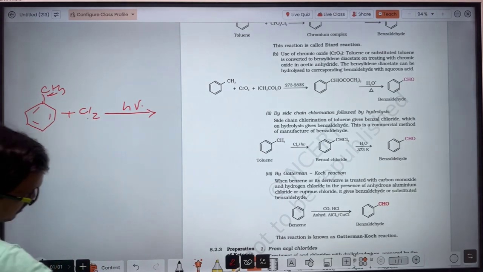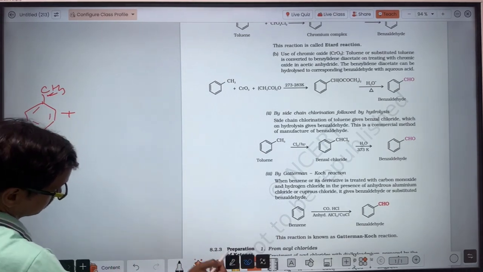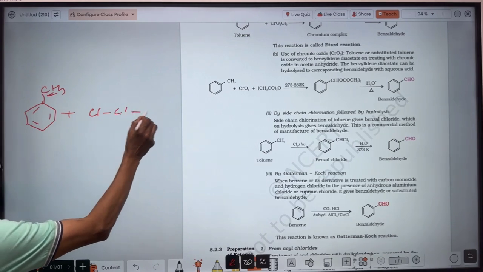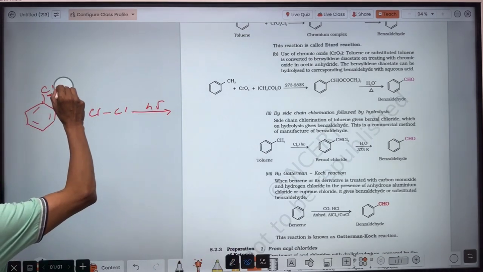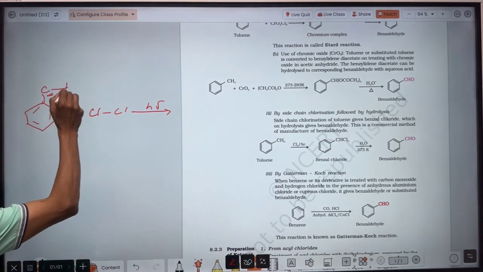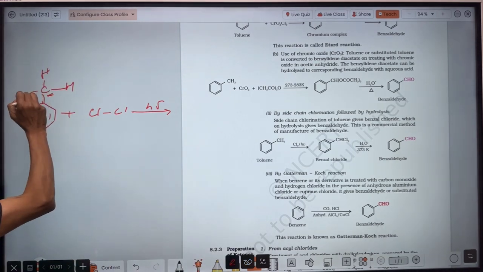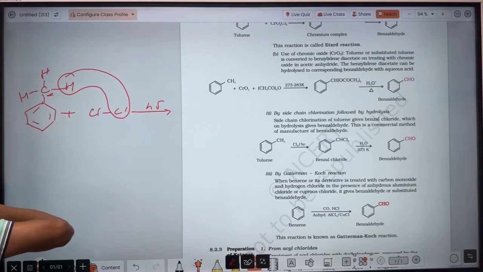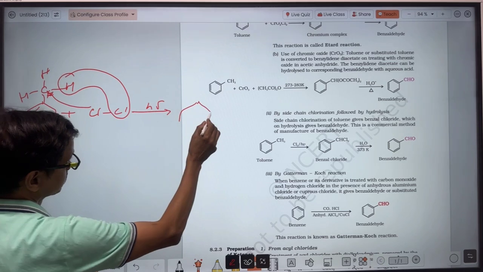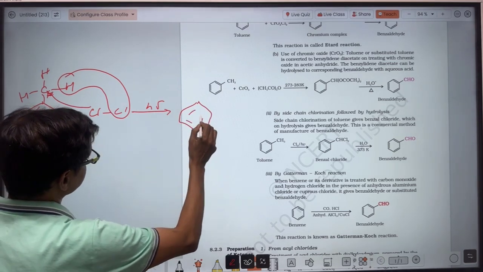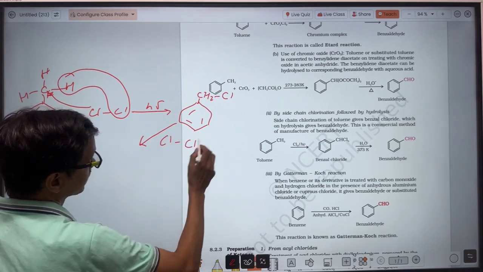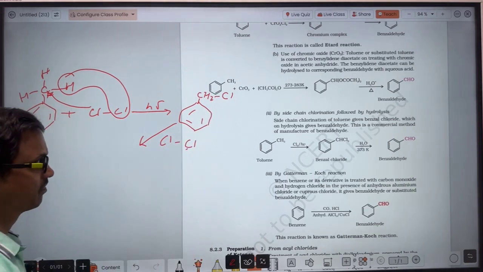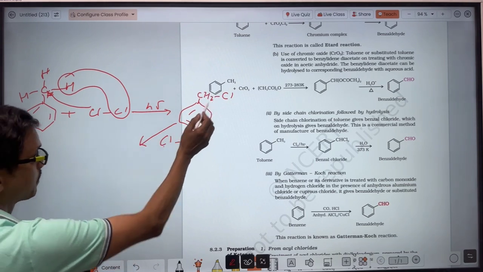One chlorine will bond to one hydrogen, forming HCl. So this chlorine will bond to this carbon. In the same way, with another chlorine, again one hydrogen will bond with one chlorine from HCl, and another chlorine will bond there.